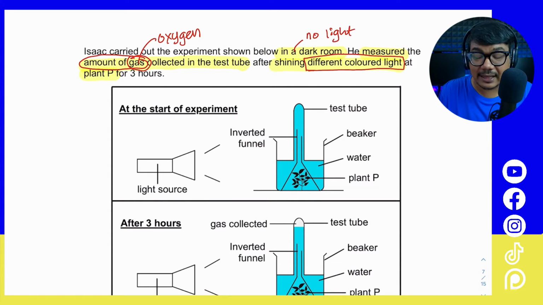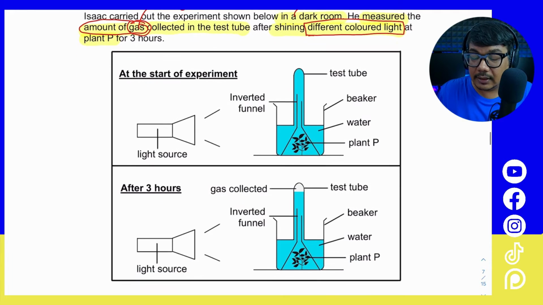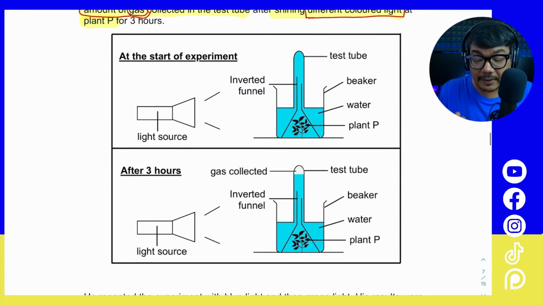Let's take a look at the diagram. At the start of the experiment, you can see a light source, an inverted funnel, plant P, the beaker of water, and the test tube. After 3 hours, this is what happened.